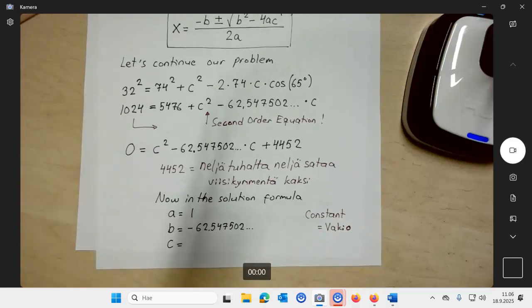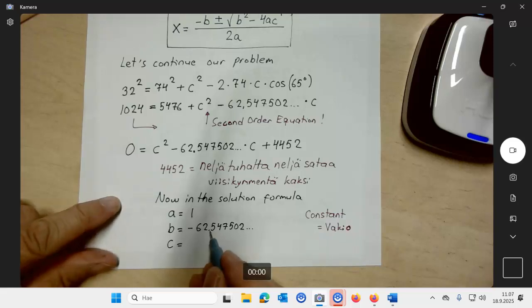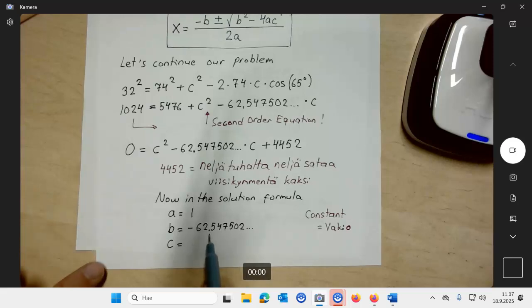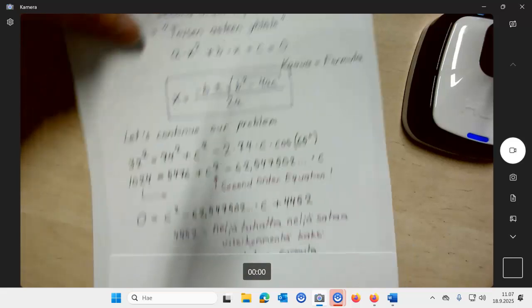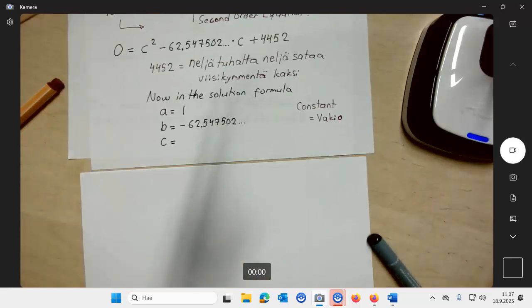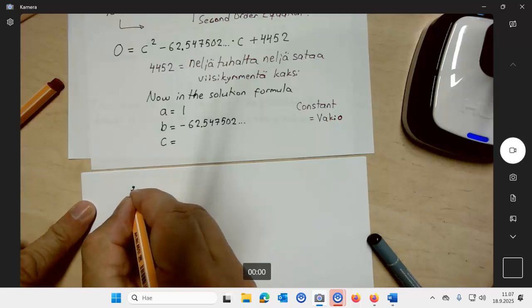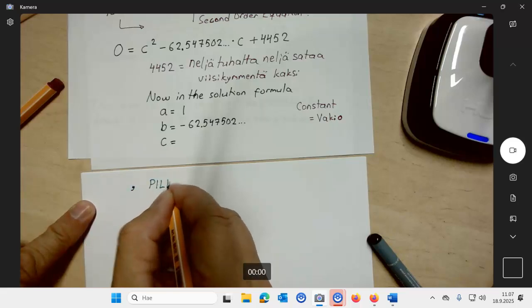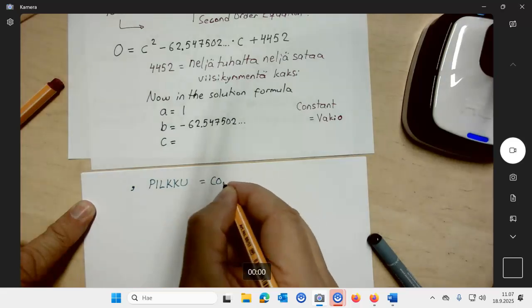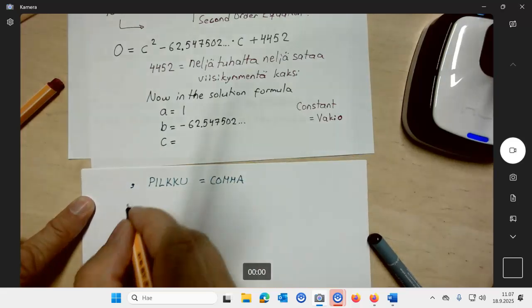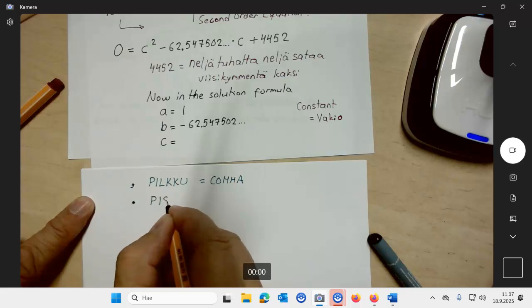So what about after the decimal point? How do you read it in Finnish? In Finnish, we mostly use this comma, and we call it the desimaalipilkku. And then this is called piste.